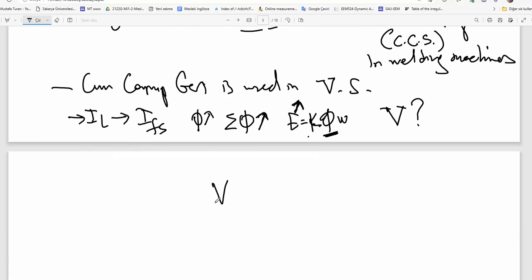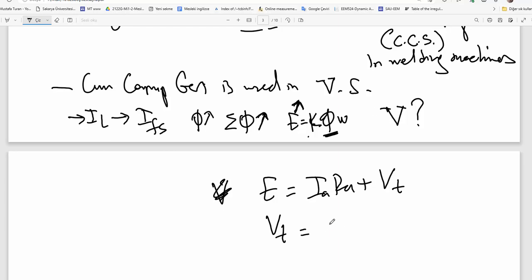Remember approximately the generator equation: EMF is equal to current times armature resistance plus voltage. So terminal voltage is equal to EMF minus current times armature resistance.